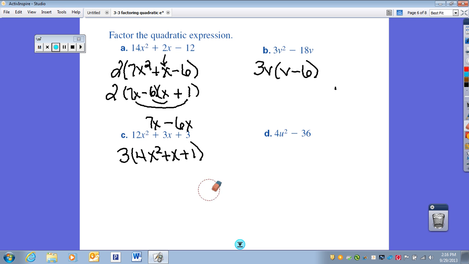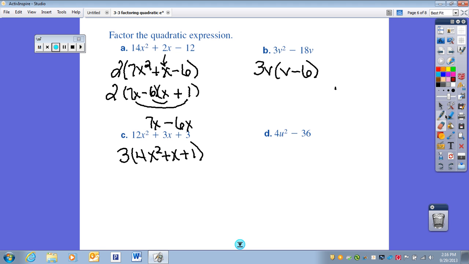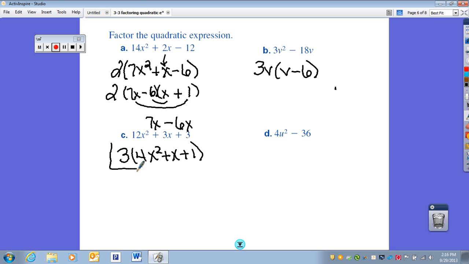So in this case, when I am factoring this quadratic, the only thing that I can do is to divide by the common monomial factor, and that's it.